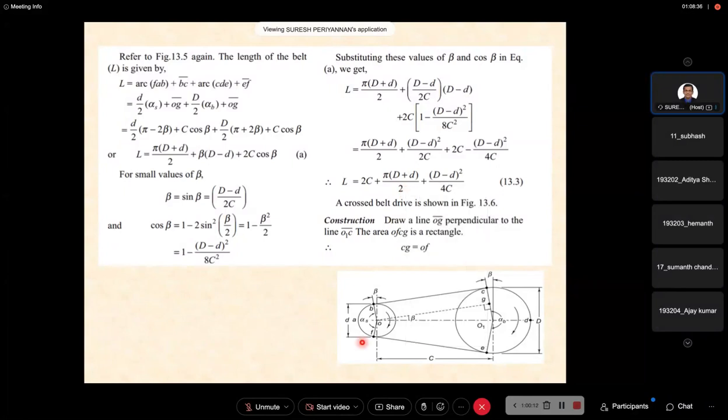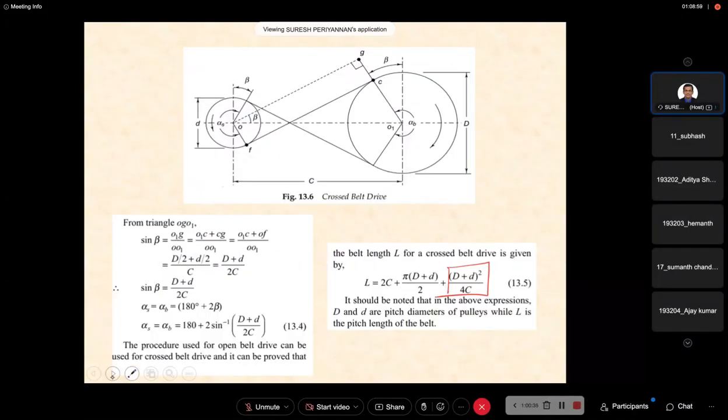But where the belt is on the smaller pulley side, the contact angle is less than 180 degrees, hence D minus d whole squared by 4C plays a role. But when both sides have contact angle greater than 180 degrees, then both terms are going to be D plus d by 2, and here also D plus d whole squared by 4C. That's all. The remaining concept is the same.